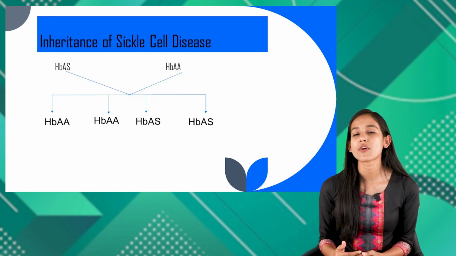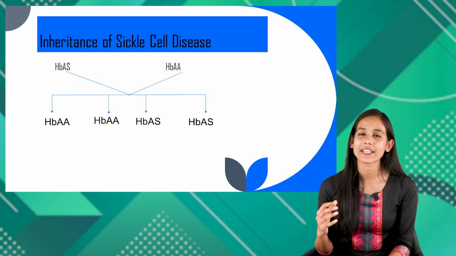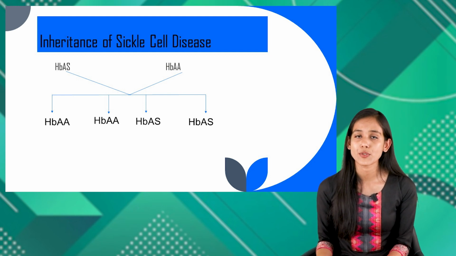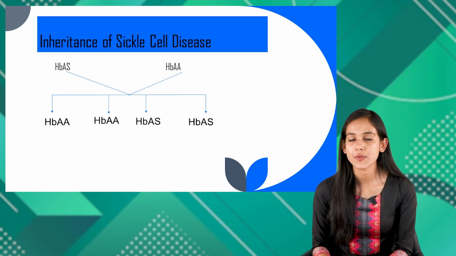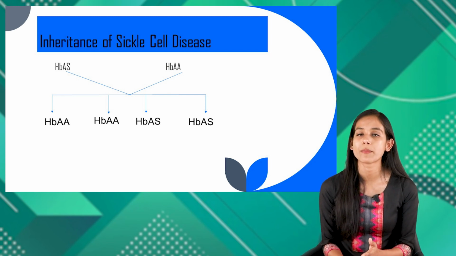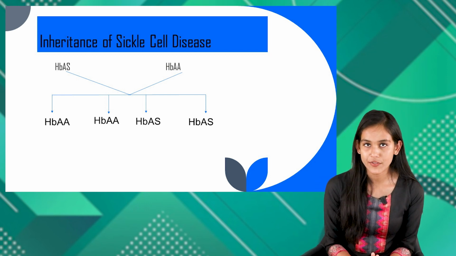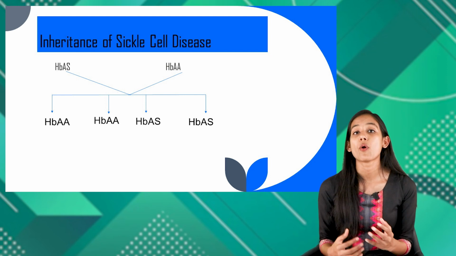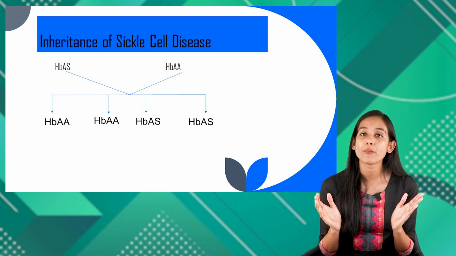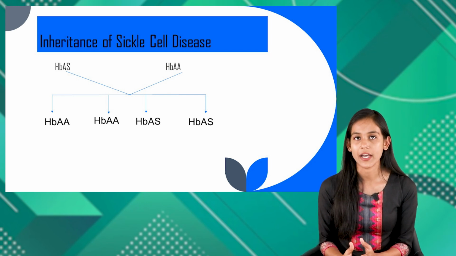Now let us move on to the next part and see how it can be transmitted from parents to offspring. As I told you earlier, the child will inherit this disease from the parents. And we know this is a recessive disorder, so the gene has to be homozygous. The child has to receive this mutated gene from both parents to get affected with sickle cell anemia.